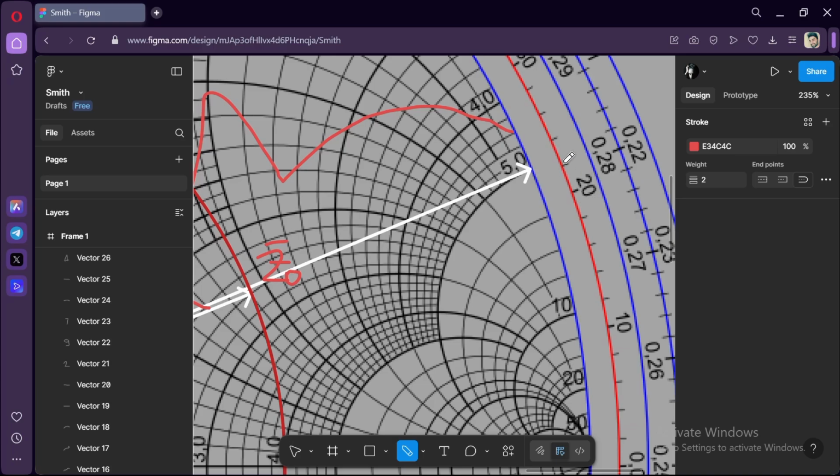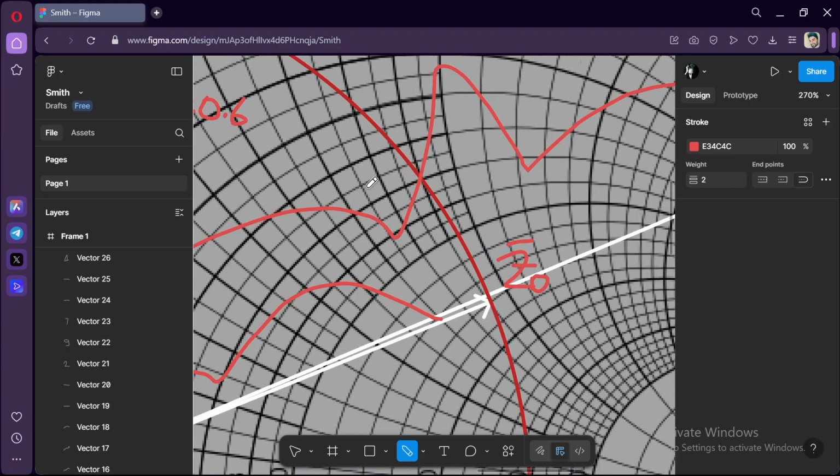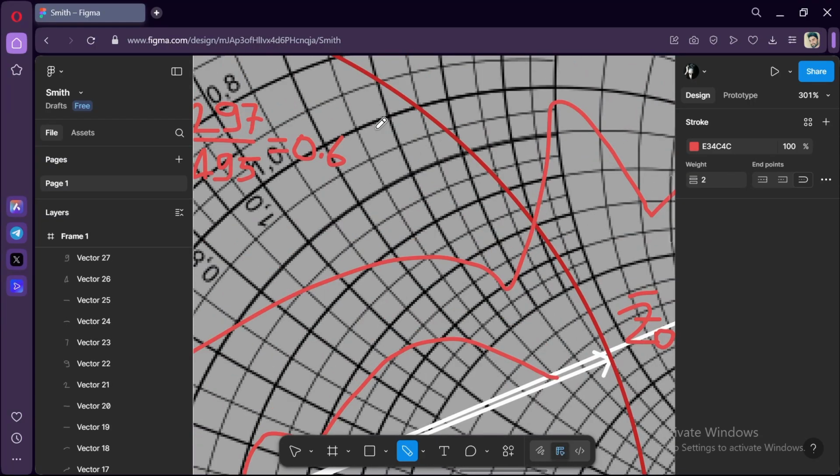We can say, since it is increasing by 2, 4, 6, 8, so I can say 22 degrees here. So this is our reflection coefficient.